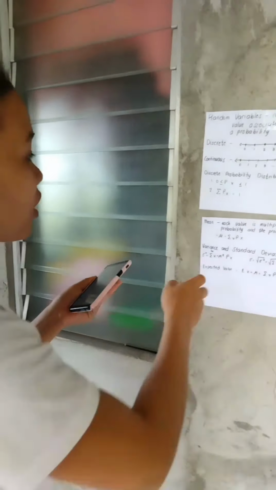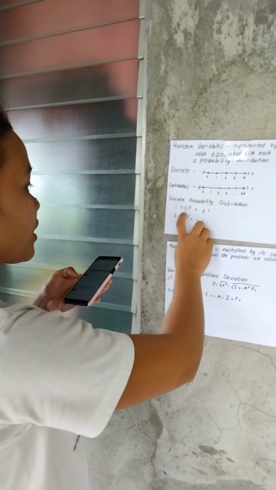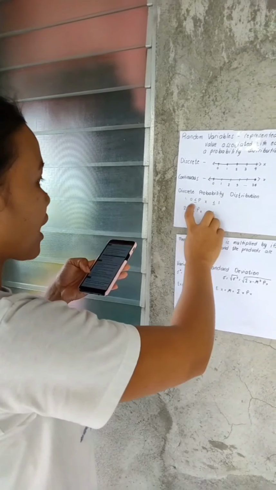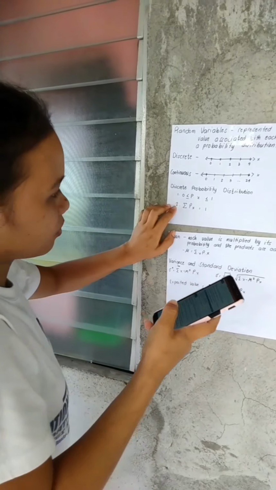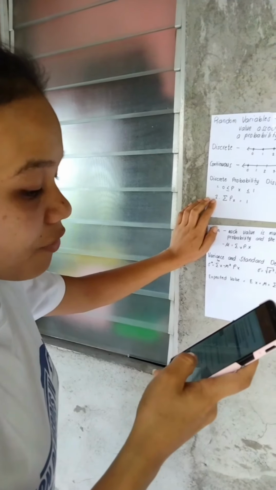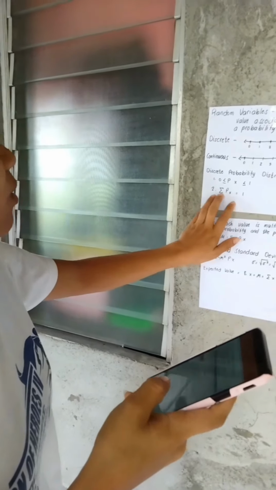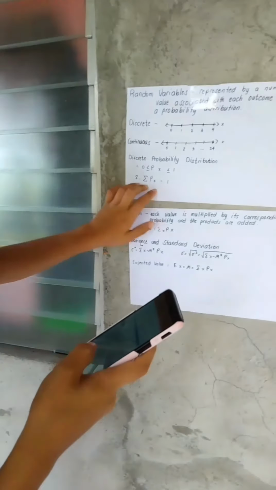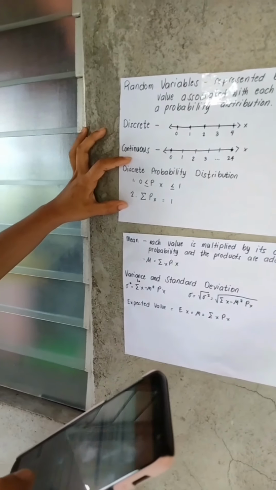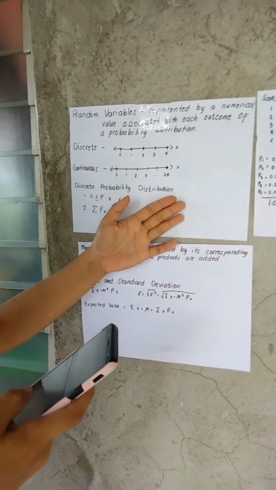In symbols, this can be written like this. And number 2, the second condition, the sum of all probabilities is always equal to 1. It can be written like this. These two are the conditions that must be satisfied for a discrete probability distribution.